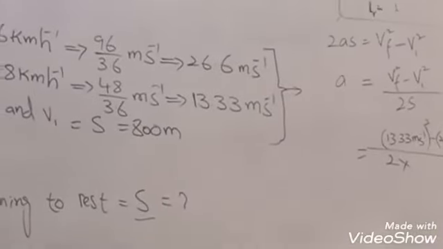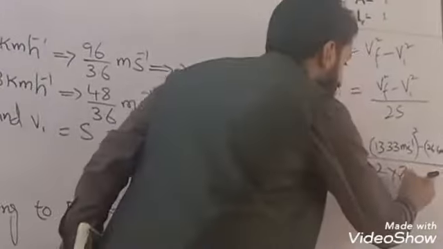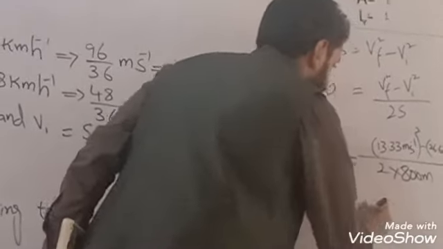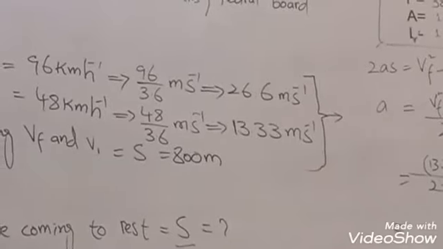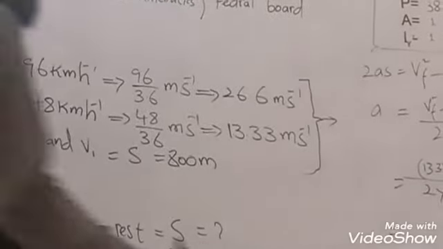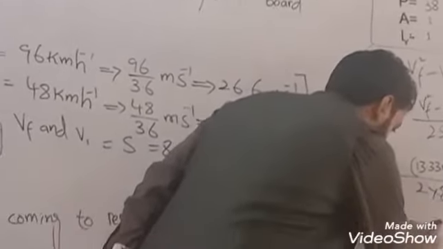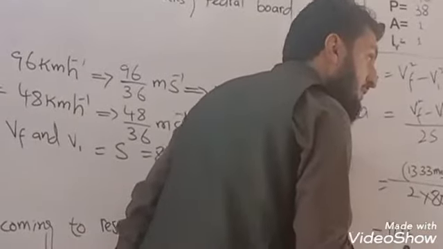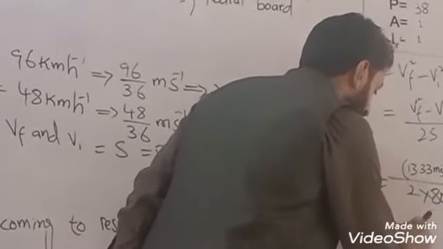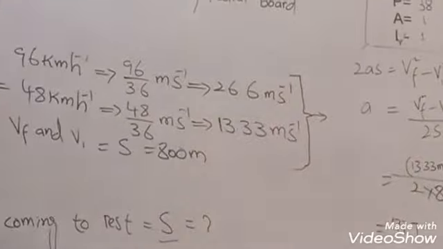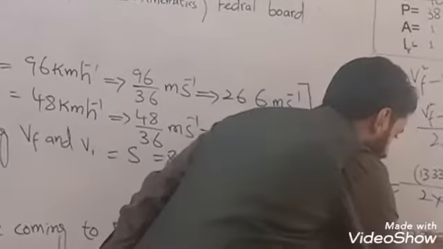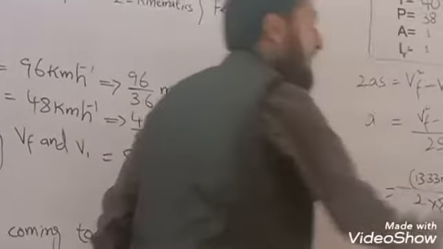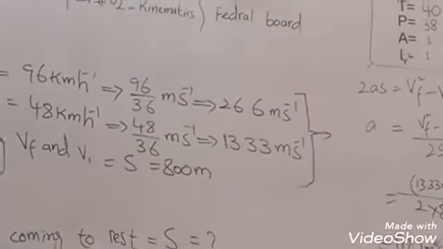What is the distance covered? 800 meters. Okay, 13.33 whole square is 177.688. Okay, let me round off this value to 177.7 meter square per second square minus 26.6 whole square.